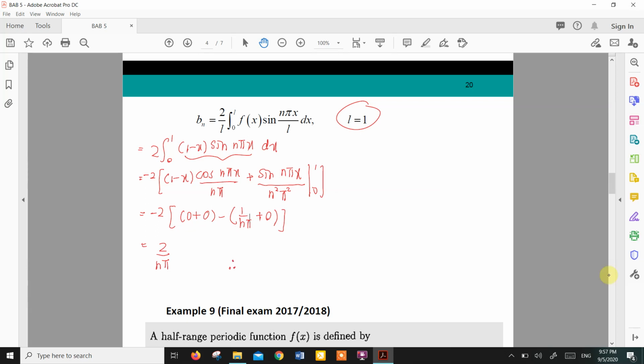So your f(x) for the Fourier sine series is equal to the summation of Bn times sine n pi x over L. This is the summation of n from 1 to infinity, Bn is 2 over n pi, and you have sine n pi x.